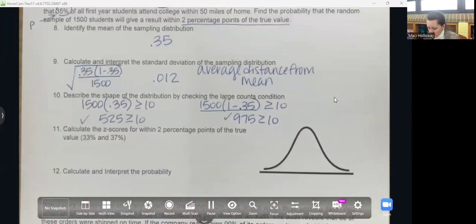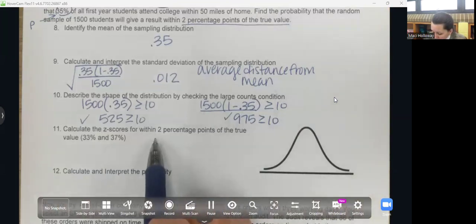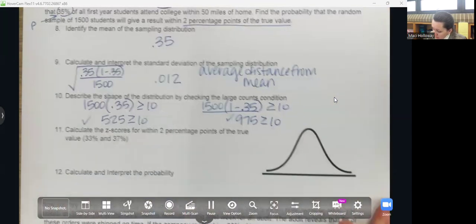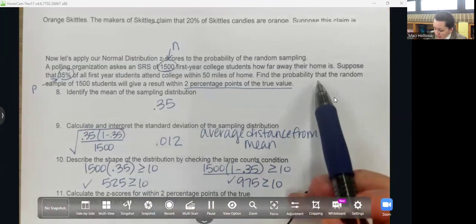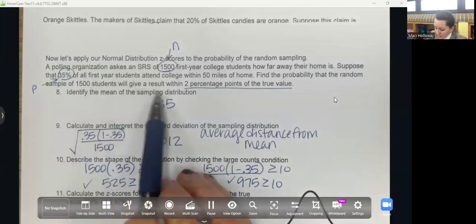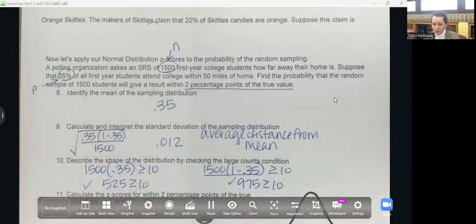So calculate the z-scores for within 2 percentage points of the true value. What I'm asking is to find the probability that the random sample of 1,500 students will give a result within 2 percentage points of the true value. So think, if one standard deviation is 0.012 percentage from that middle 35, I want to know, like, between 33 and 37, what percentage of people are between those values.